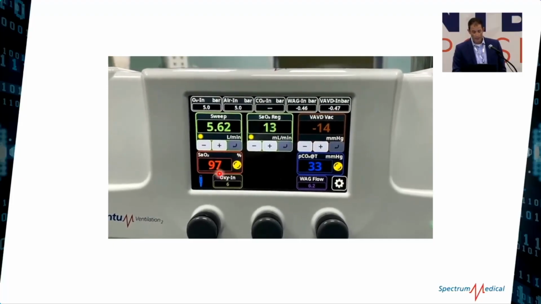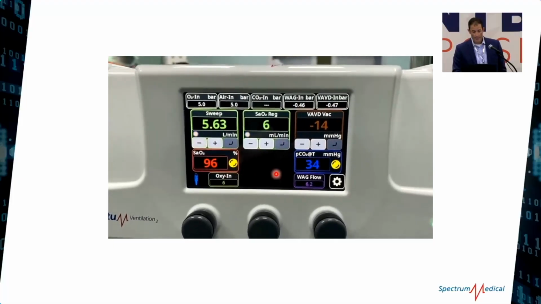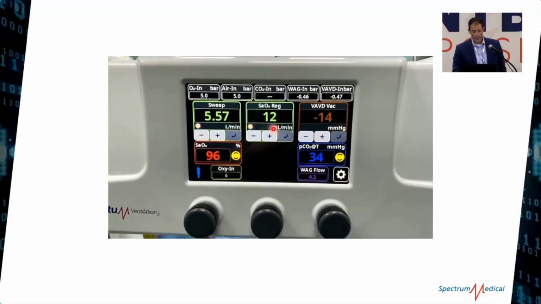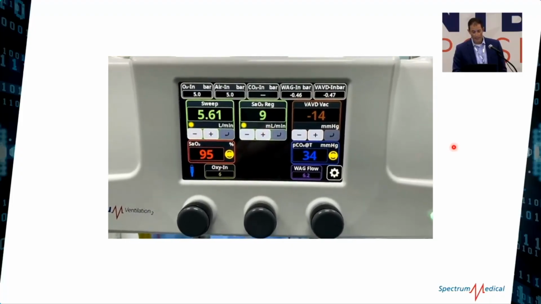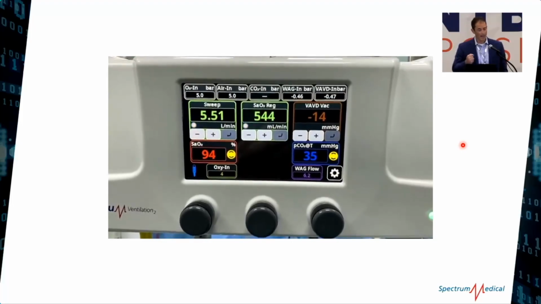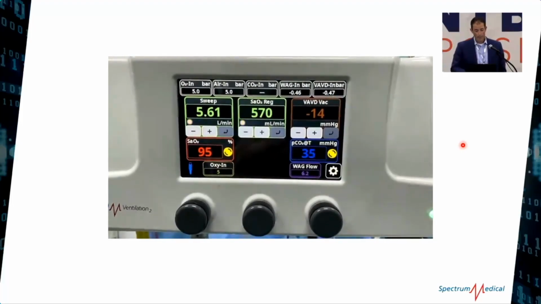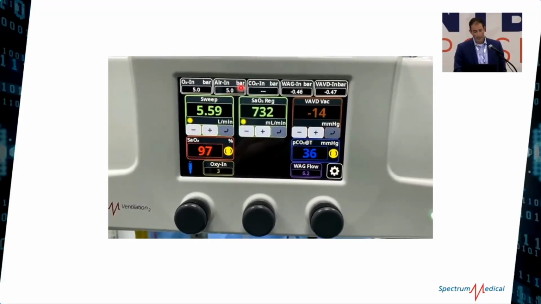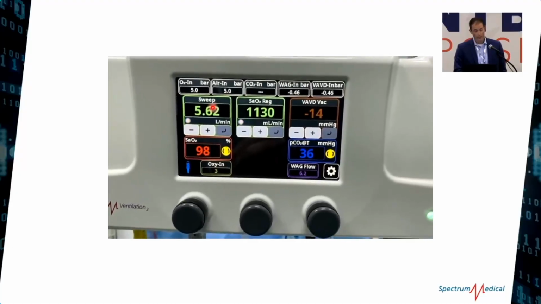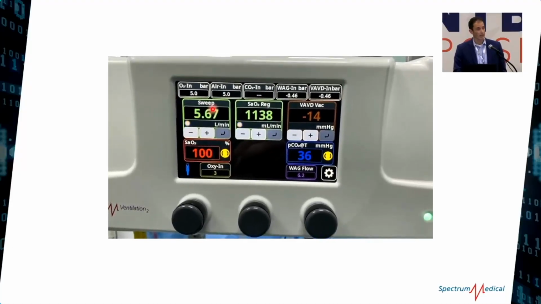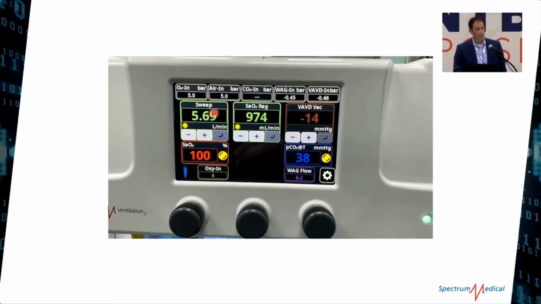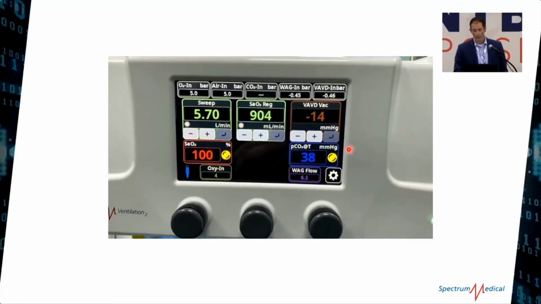We see the saturation here, it's 97. As that falls, it's going to kick up the amount of gas going through that second chamber to try to get back to 97. And it keeps the sweep constant, so it's just stealing some of this from the 5.6. This is not in addition to the 5.6, so that way your CO2 control remains constant.